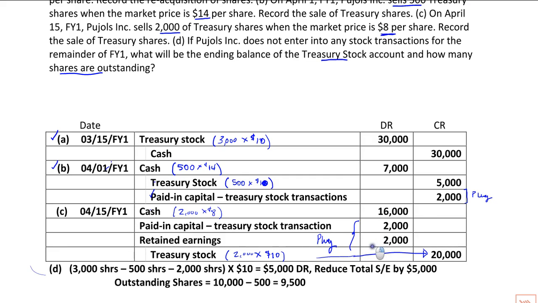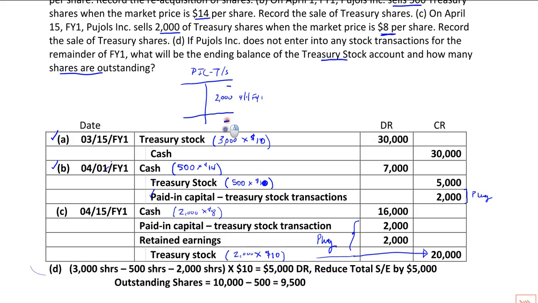But there's one other check you have to do. Let me put a T account up here for paid-in capital treasury stock. Because we just started the company and these were our first ever transactions, we know the balance was zero. And paid-in capital accounts have normal credit balances. We initially credited 2,000 on 4/1/FY1.